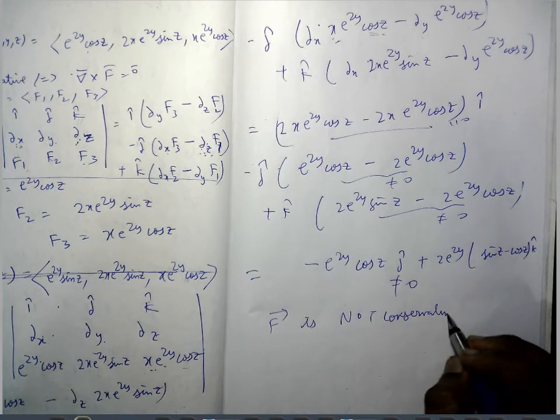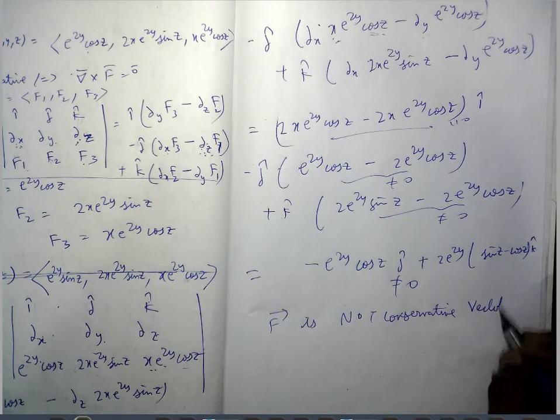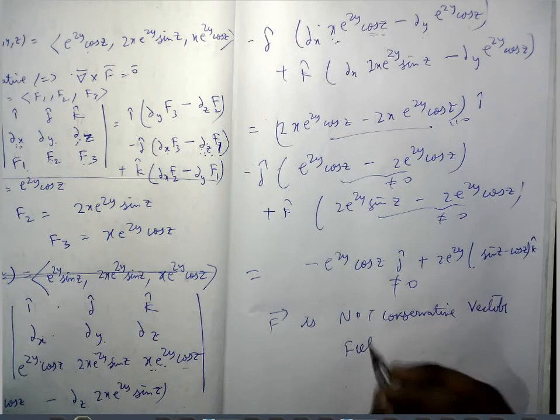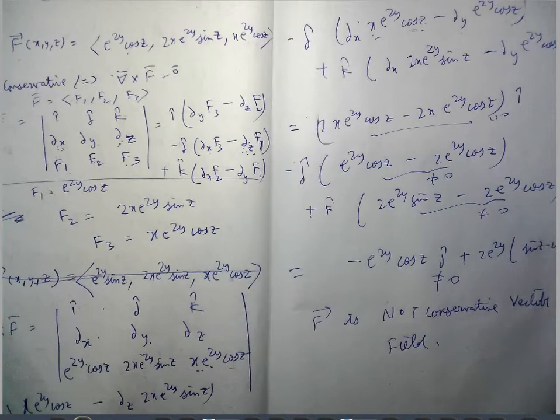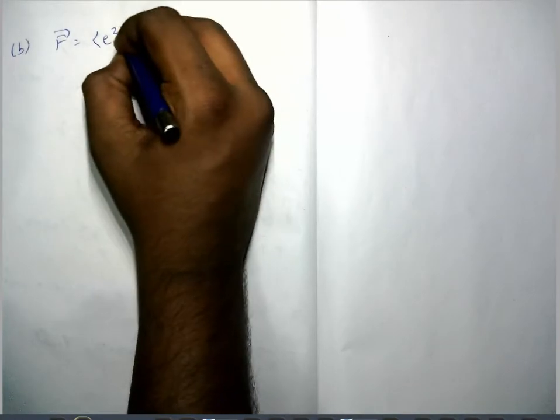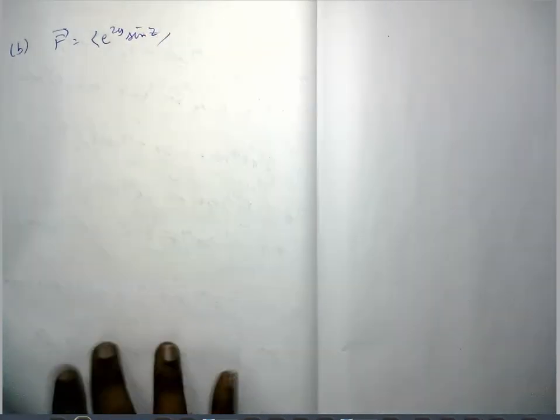And we have a similar question. So let's say f is equal to e to the power 2y sin z, 2x e to the power 2y sin z, x e to the power 2y cos z.